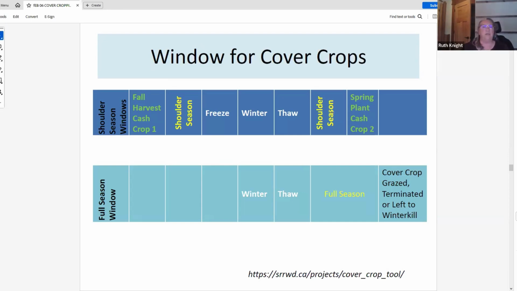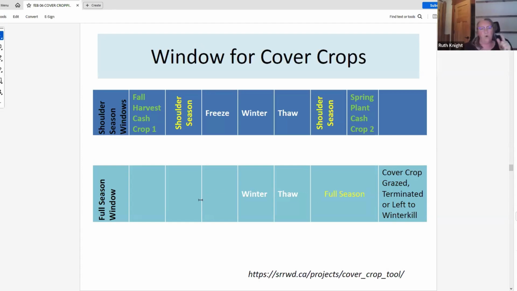That's not very common in a prairie situation, but there's the full season window in terms of spring, allowing the full season cover crop to grow, and then terminating it by grazing, leaving it to winter kill, or roller crimping it in the next season. Just be aware which window is going to suit you best.